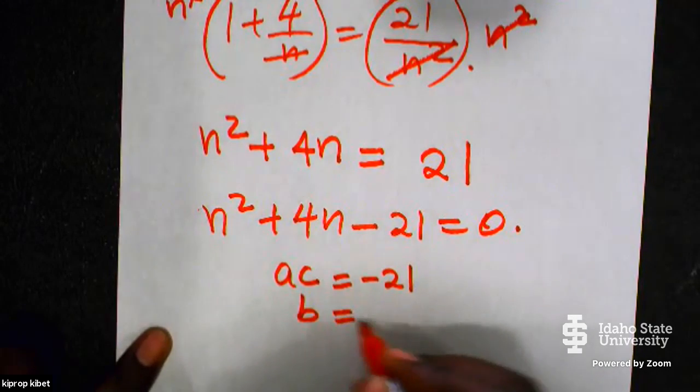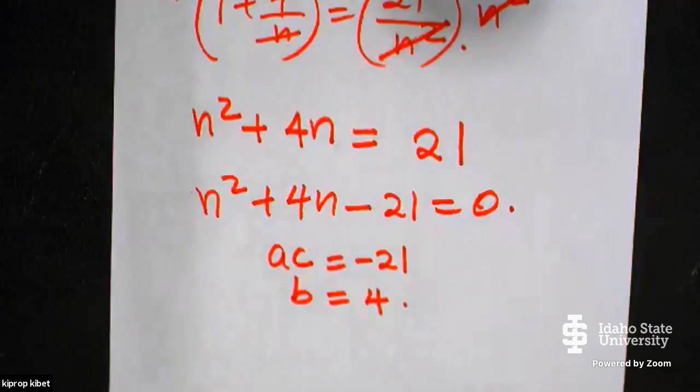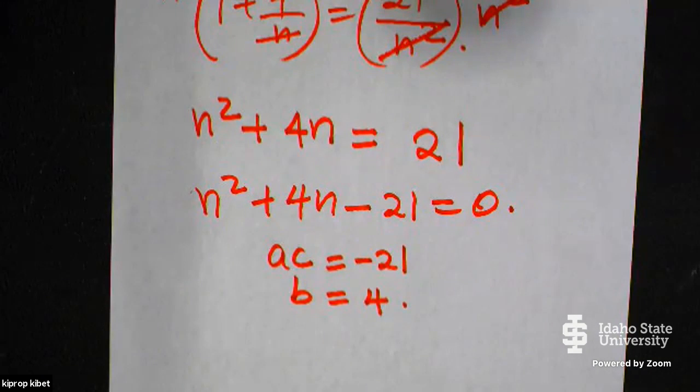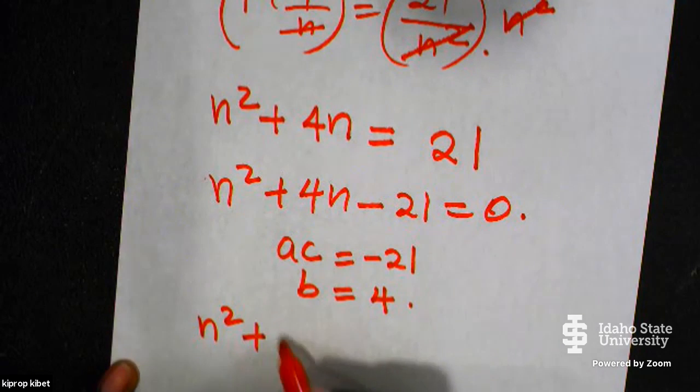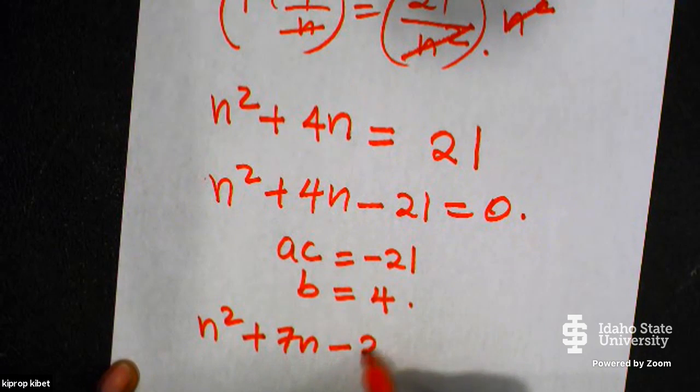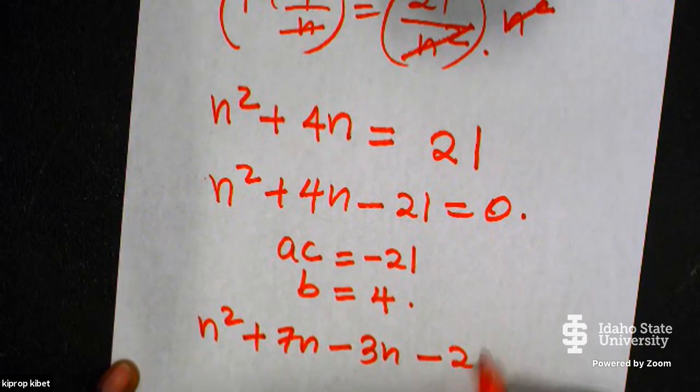So we have AC as minus 21, B equals to 4. We have the two numbers in which the product is minus 21, the sum is 4. What are the two numbers? So we have 7 and minus 3. So we have now n squared plus 7n minus 3n minus 21 equals to 0.